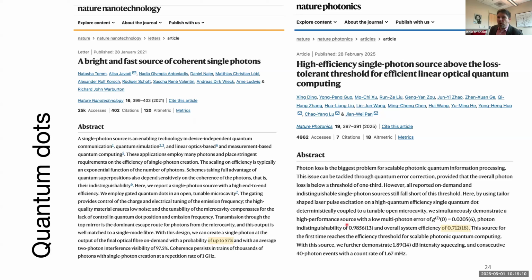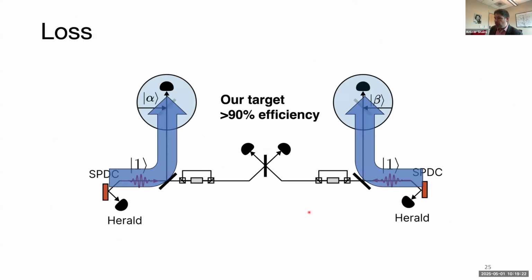So there's still quite a bit of work to be done, but quantum dots might be a viable future route for sources. But for now, our best bet is down conversion. And what we really want to do is get above 90% detector-like system efficiency for these targets. So that's one of the big driving motivators for our sources.